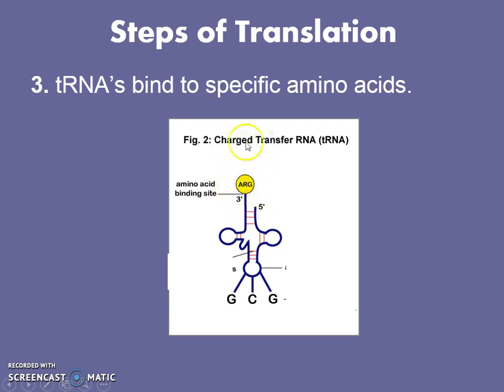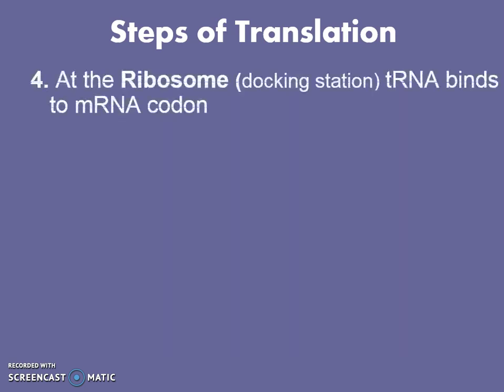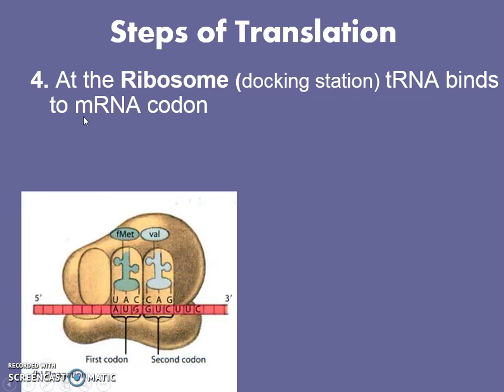A truck that trucks in amino acids, the building blocks of proteins. So these things are really important. Why? Well, because they're going to bind to the ribosome. And they're going to bring the right amino acid to the right location on the message.